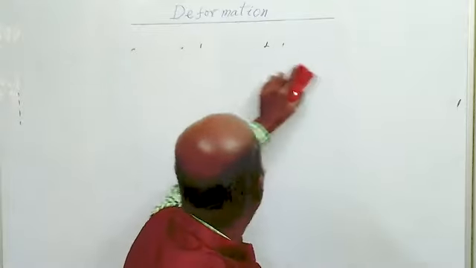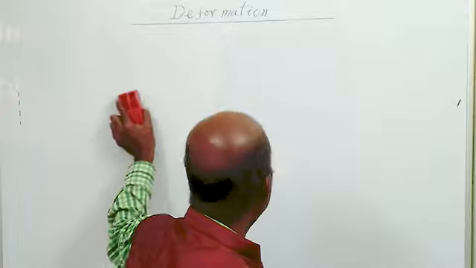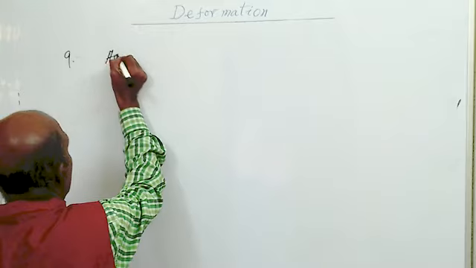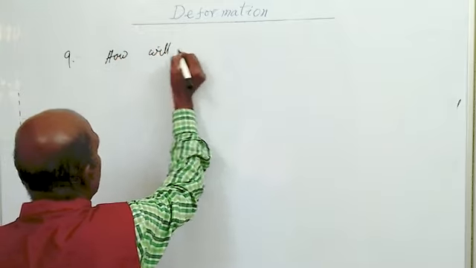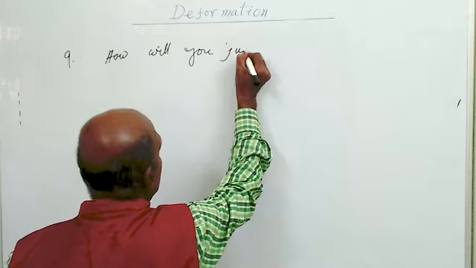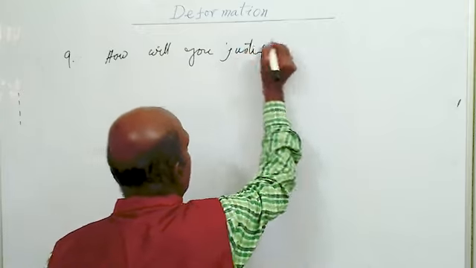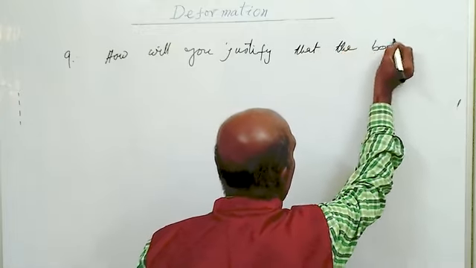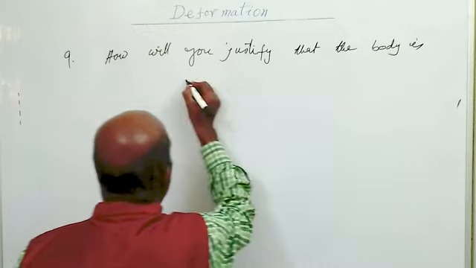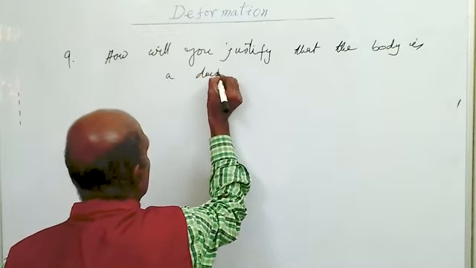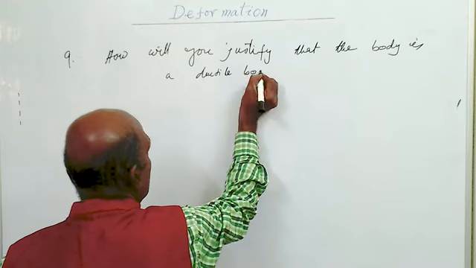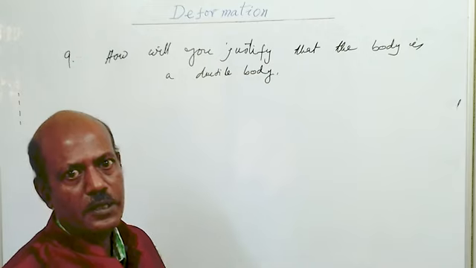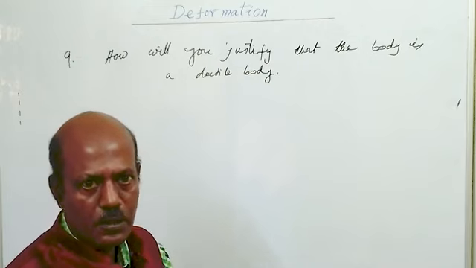Next, how will you justify that a body is a ductile body? A body is given to you, and you have to say whether it is a ductile body or a brittle body.